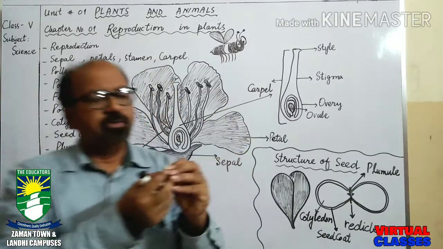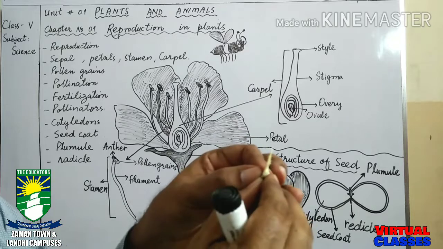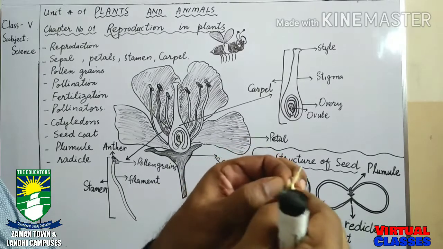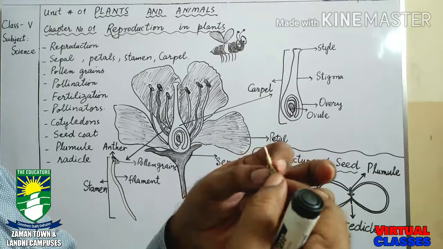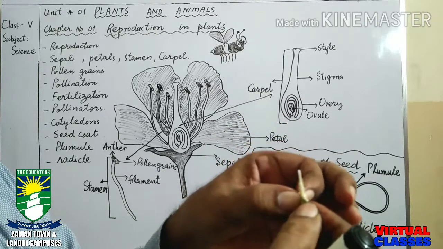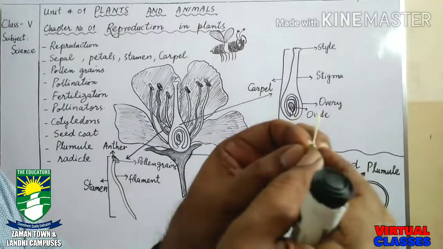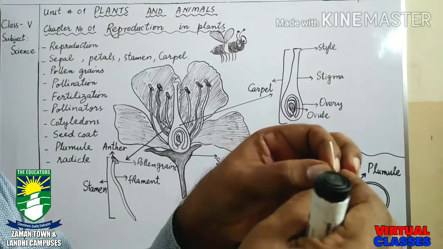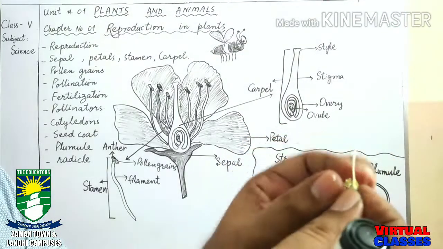Okay, now I just want to show you the inside part of the flower. Just see, this is the female part of the flower, and inside the ovary, these are called ovules.